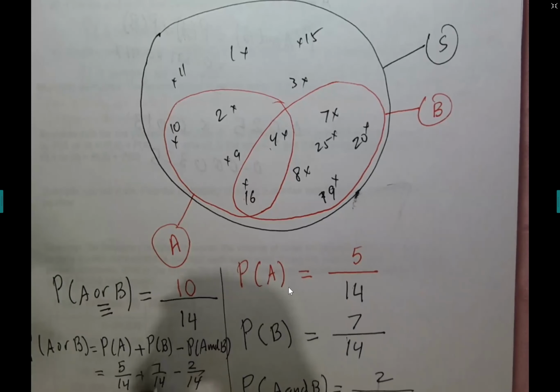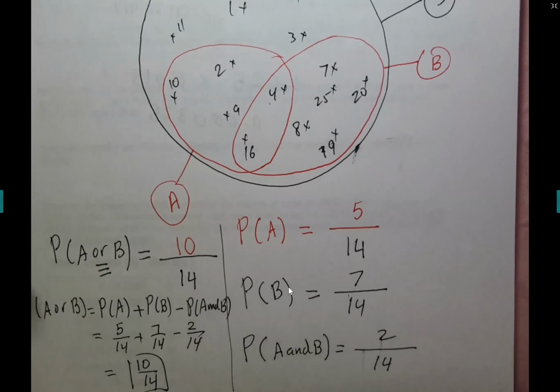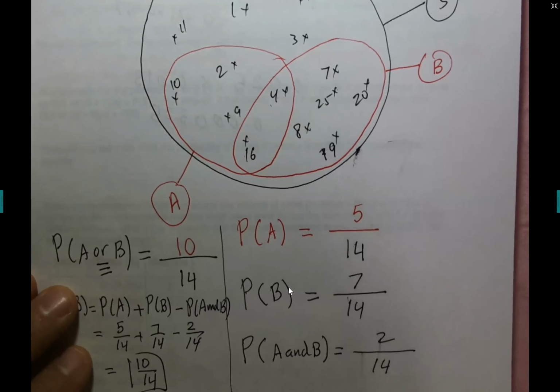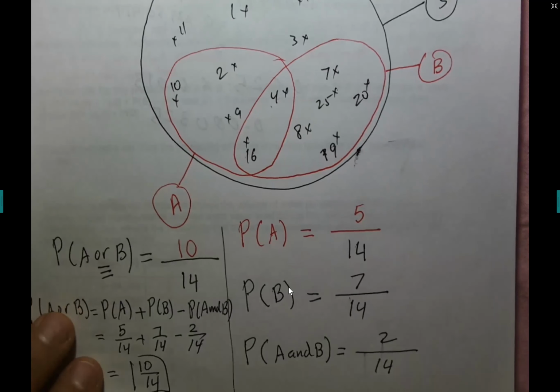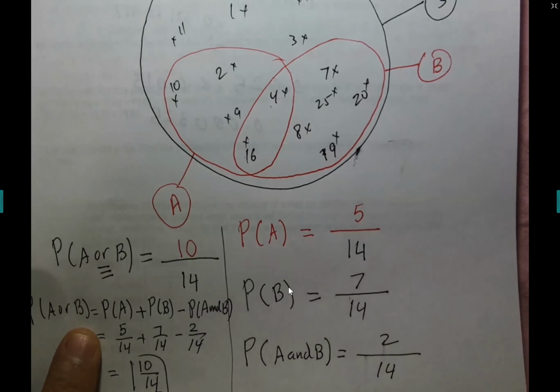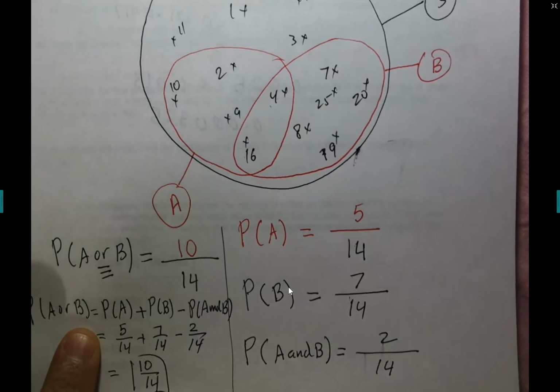And bingo, it's exactly the same answer that we got right there. And this is what we call the addition rule. I will allow you to use your notes on the test, so you don't have to memorize the formula, but this is a formula to try to remember. It's a good one for the addition rule.